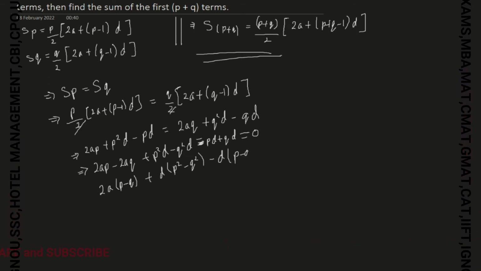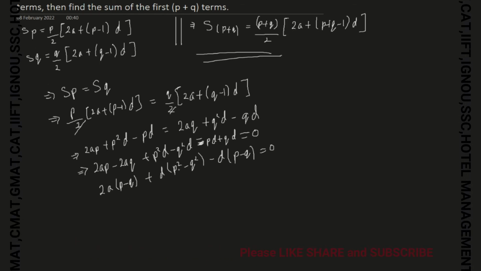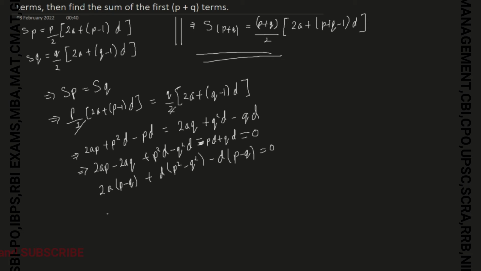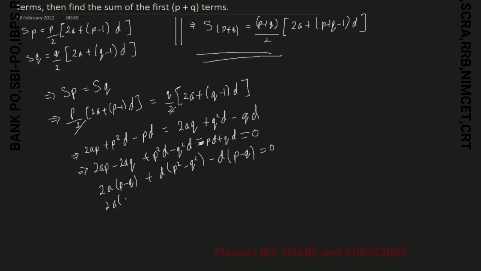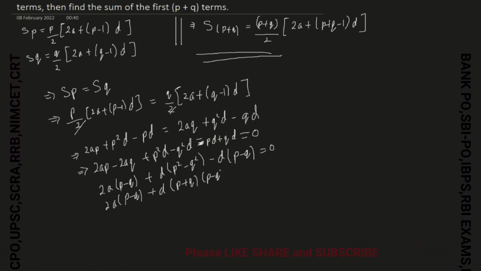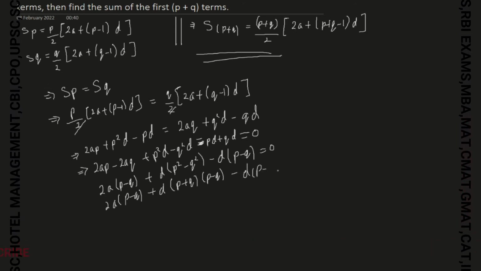Then here is P minus Q. So let's see, guys, we are getting P minus Q, P minus Q, P minus Q in the same from all, so that we can get P minus Q common. One more extra step just to explain: we can write P square minus Q square as P plus Q and P minus Q. This is the formula, D into P minus Q.